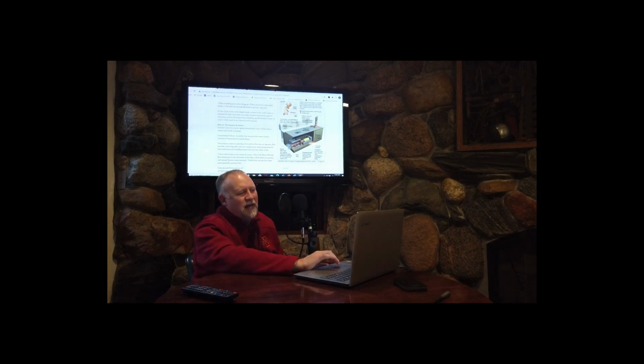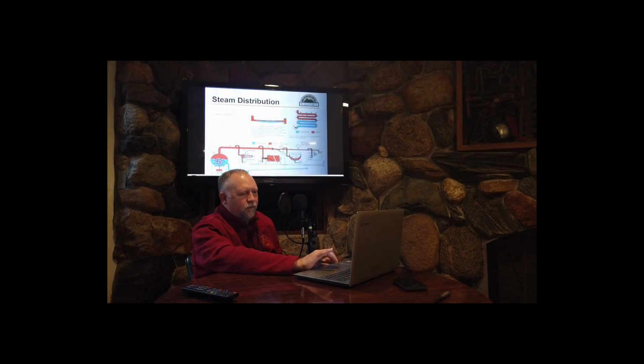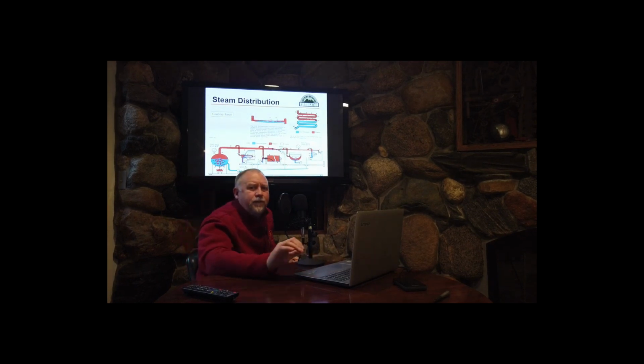But let's talk about exactly what caused that to happen, or at least my theory on it. Okay, so go back to the PowerPoint slides and go back a ways to this diagram. All right. So see these steam traps? They are designed to remove a certain amount of condensate.